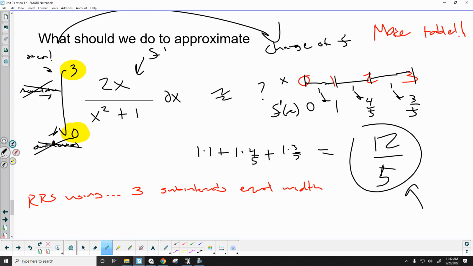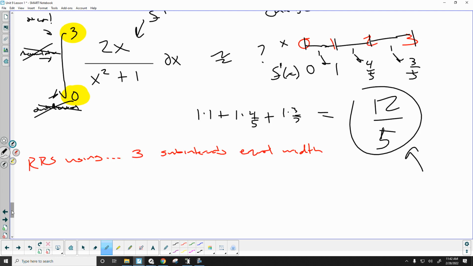Yeah, we used an equation of a line. A specific line was a tangent line, and we used a tangent line to approximate a y value on a curve, right?